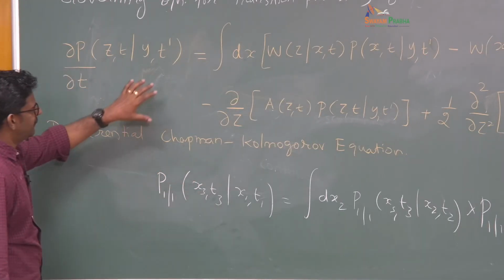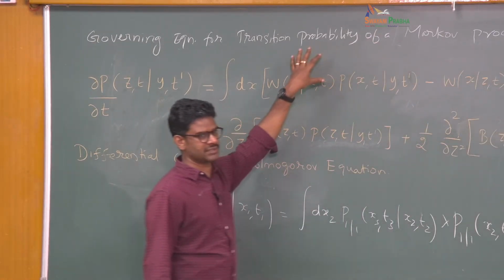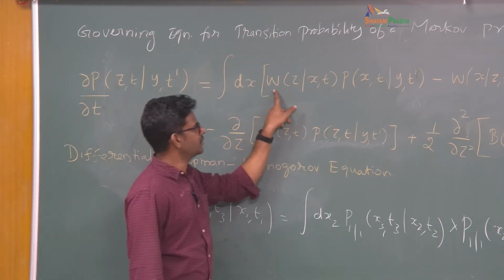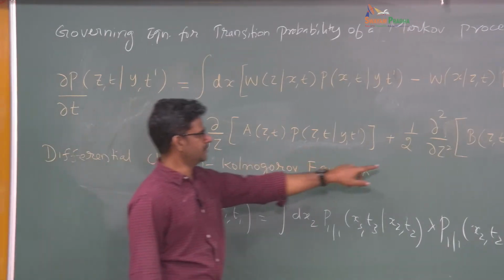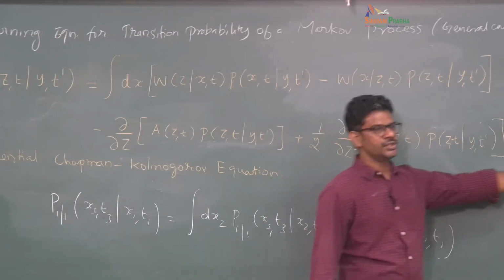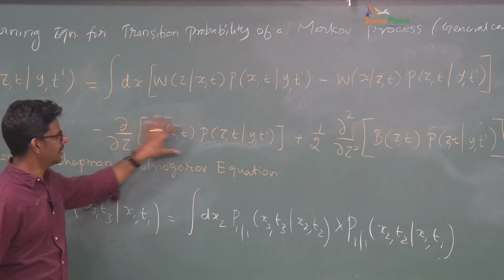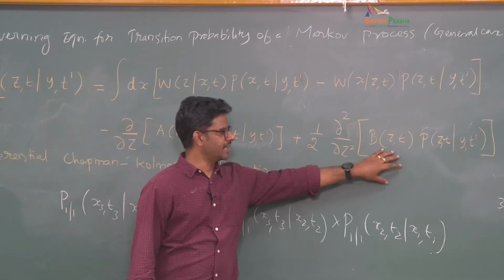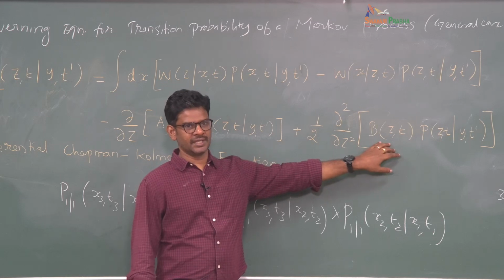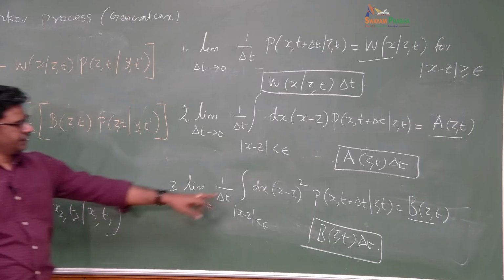The first term that you see here captures the jump process through the characteristic function, the jump probability W. Whereas the second and third terms comprise the continuous Markov process, where this term is associated with the drift kind of behavior, and this one characterizes the diffusive character, where the characteristic functions A and B are defined by these equations.